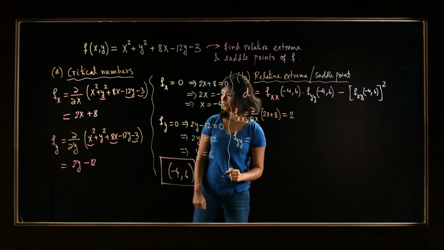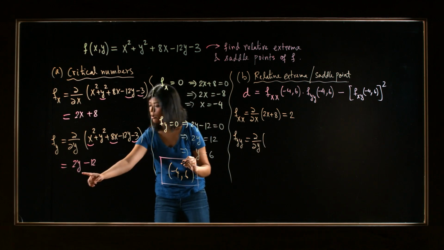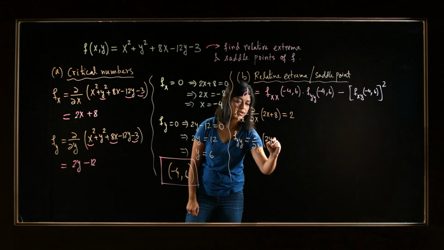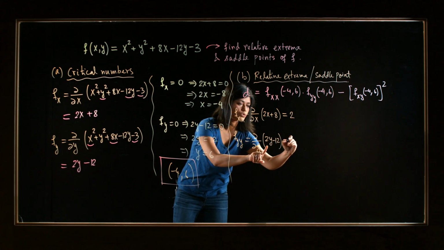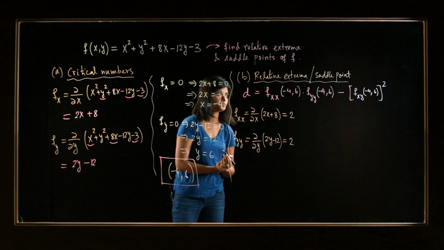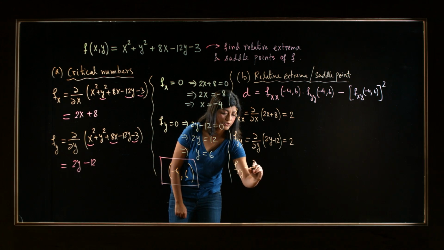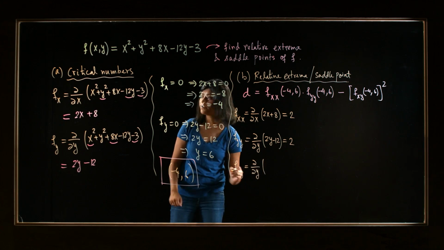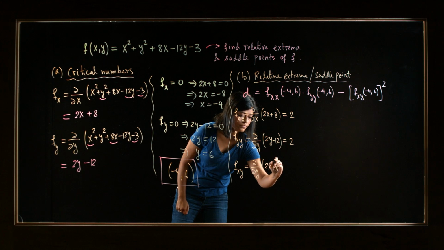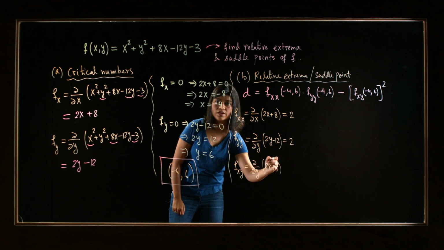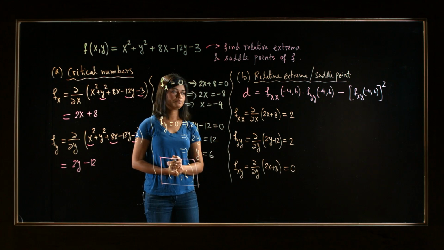That is the partial with respect to y of fy, which is 2y minus 12. Again, the derivative of 2y is just 2 and the derivative of 12 is 0. Finally, fxy, that is the partial with respect to y of fx, 2x plus 8. Since there is no y at all, the whole thing is constant, so the derivative is 0.